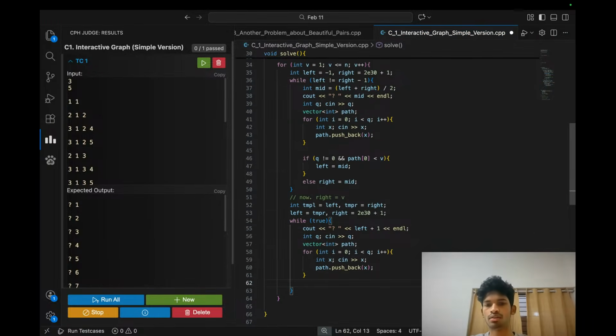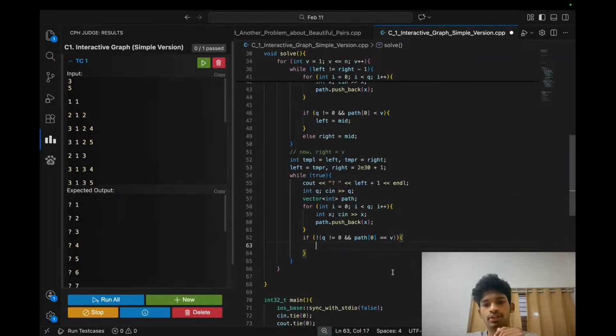Okay. If q equals to 0, or if q not equals to 0. So when do we continue? If q is not equal to 0 and path of 0 equals to v, only this case we will continue, right?